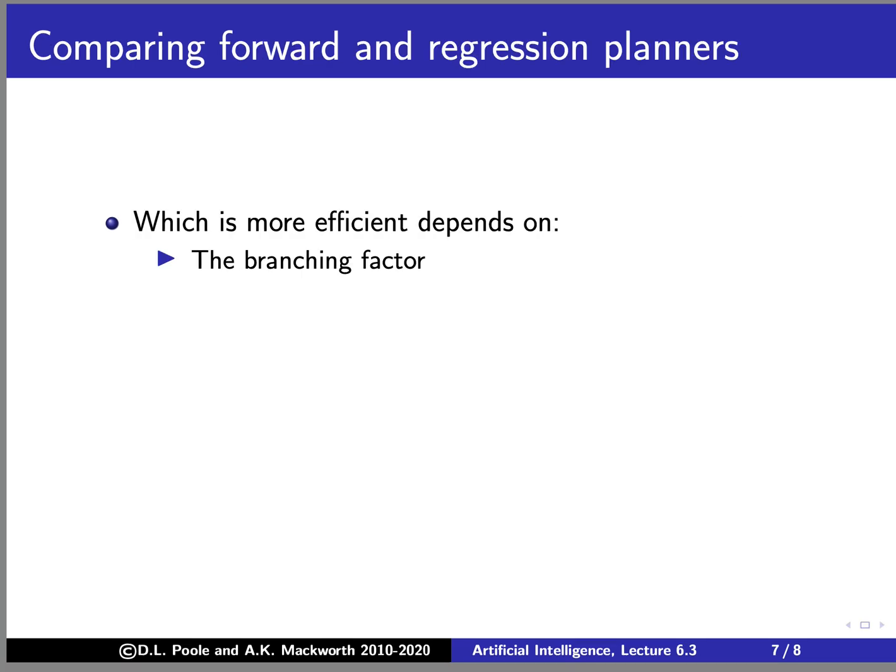If you're comparing forward and regression planners, which is more efficient depends on the branching factor, because they have different branching factors: one considers all the actions that are possible, and the other considers all of the actions that actually are useful. It also depends on how good the heuristics are.